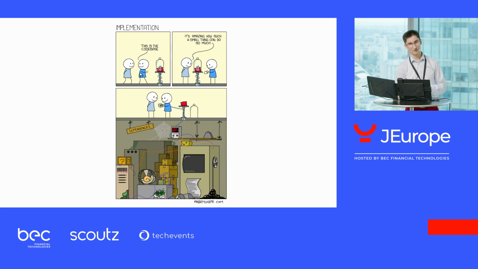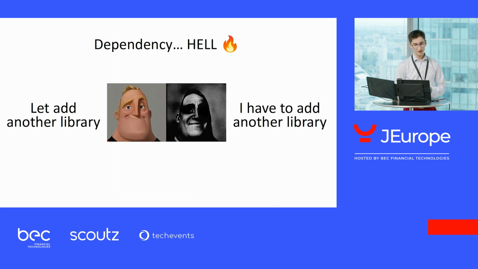It looks the same as on this comic. We almost all work with Spring Boot and use a lot of stuff from Spring Boot, for example. And in the end, this can cause problems, and we end up in dependency hell.